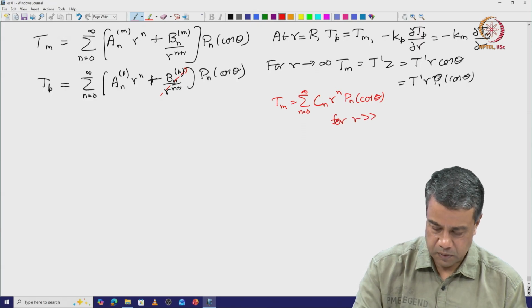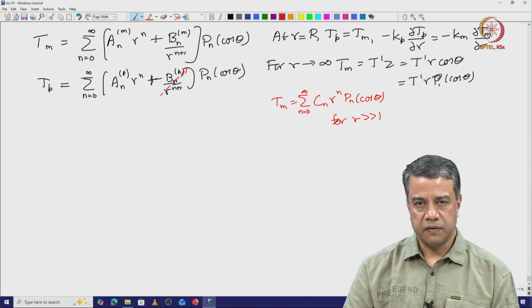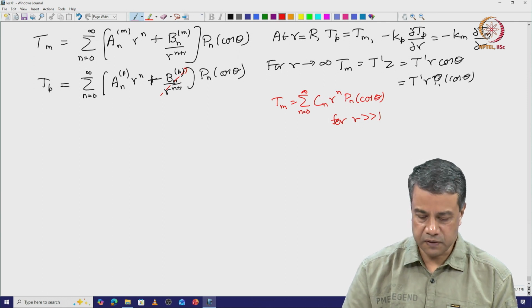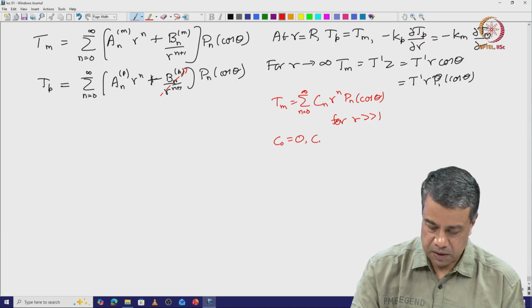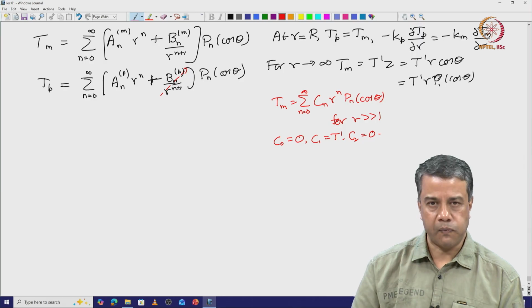If you write it this way, then you get a series of coefficients out of which C0 is equal to 0, C1 is equal to T prime, C2 is equal to 0, etc.